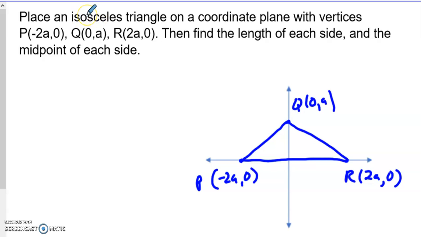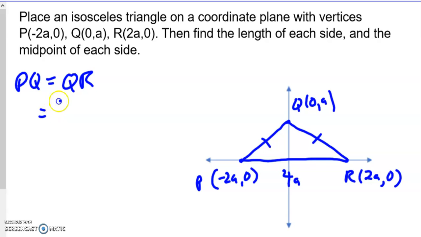And we do know it's isosceles, okay? So if it's isosceles, obviously this is our base. It has a length of 4a, because it's on the x-axis, so we can simply count. But we know that our legs would be congruent, so we know that PQ would be equivalent to QR.